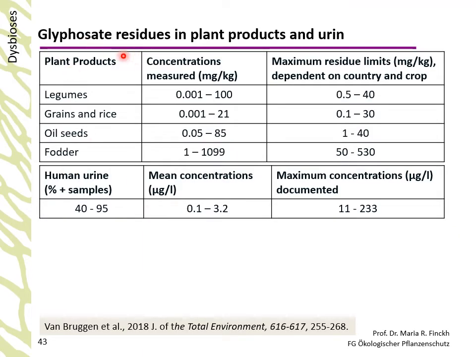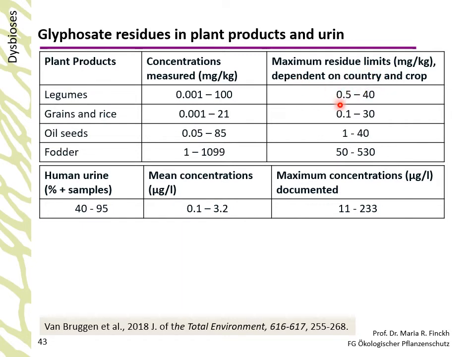If we look at the glyphosate residues in plant products, you find concentrations, depending on the crop, of up to 120 or 85 milligrams per kilo. And the maximum residue limits depend on country.